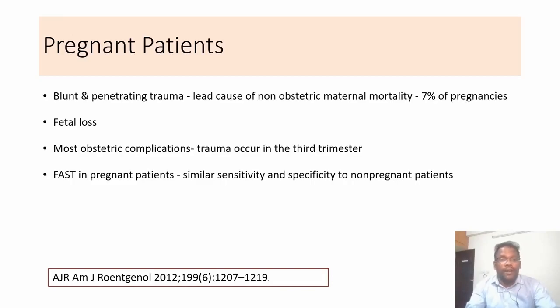FAST in pregnant patients. Trauma accounts for 7% of maternal mortality. Fetal loss is also more common with abdominal trauma. Many obstetric complications occur when the trauma happens in the third trimester. The FAST assessment in the pregnant patient has similar sensitivity and specificity as in non-pregnant patients.